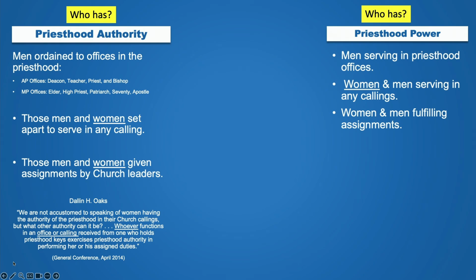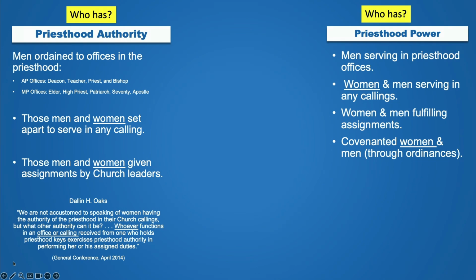So let's just review. Any men who are serving in their priesthood offices have access to priesthood power to fulfill their duties. Any man or woman who has a calling has access to priesthood power to fulfill the calling, and any man or woman who has an assignment can access priesthood power for that assignment. And we just need to remember that there's one other way we get access to priesthood power, and that's through ordinances.